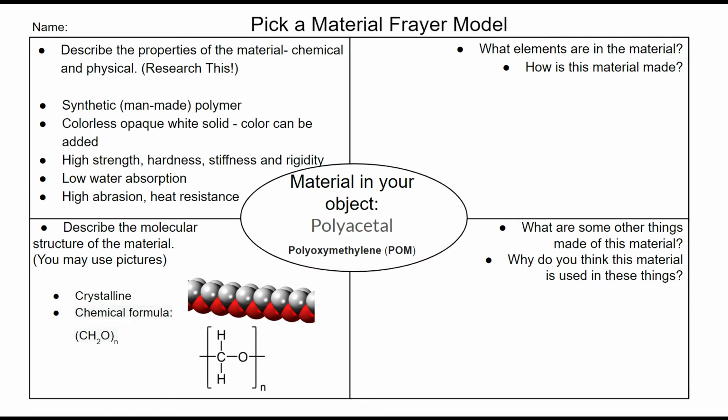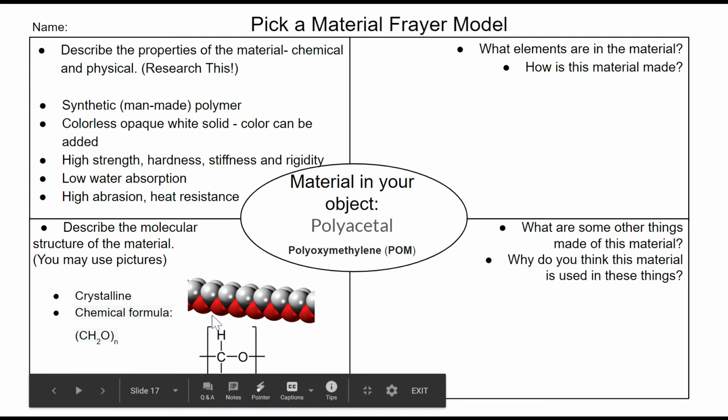Great. So as I'm starting to think about this, it's all making a lot of sense. Polyacetal appears to be a really long polymer. It's crystalline, meaning it's highly structured, and it looks like it is pretty linear and tight.